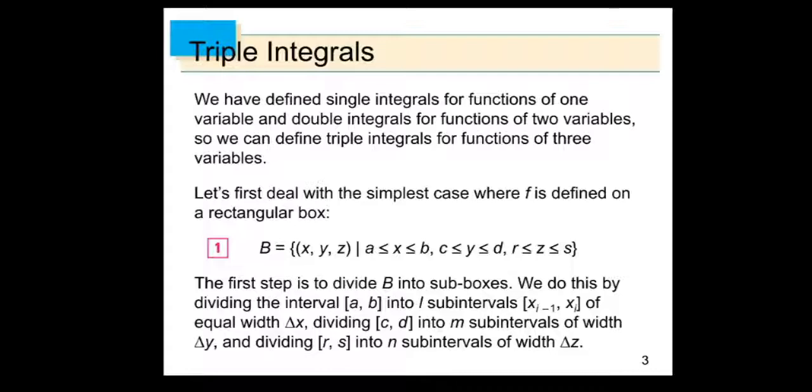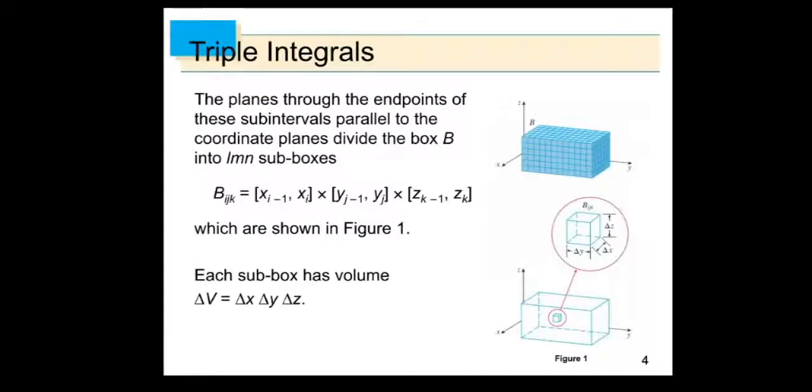The planes through the endpoints of these subintervals parallel to the coordinate planes divide the box B into lmn sub-boxes. So our sub-box would be something like B_ijk is equal to [x_{i-1}, x_i] times [y_{j-1}, y_j] times [z_{k-1}, z_k].